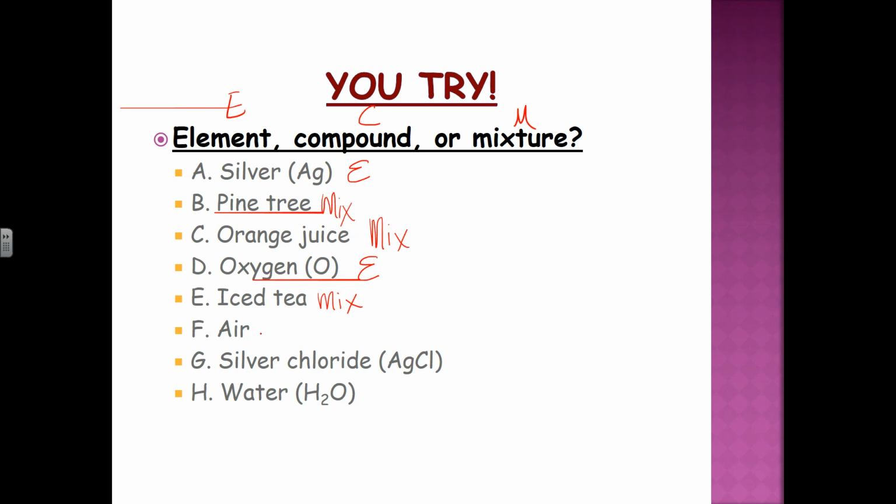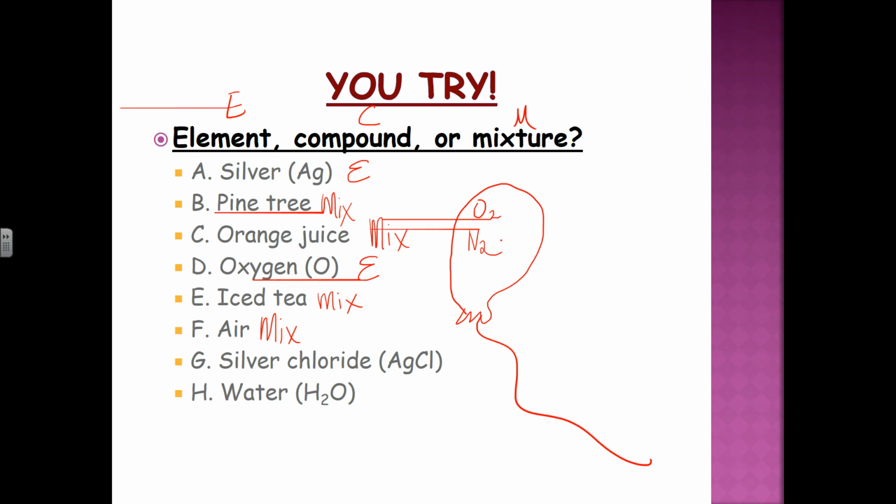Air. Air, this one's always kind of tricky. Air is actually a mixture. Let's just think about what a sample of air has. So let's say I have this balloon, and we have air in the balloon. So the air is going to have oxygen, obviously, because oxygen is in our air, but the greatest concentration of gas in the atmosphere is nitrogen.